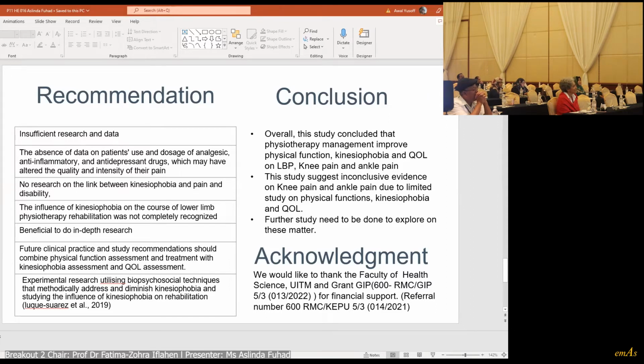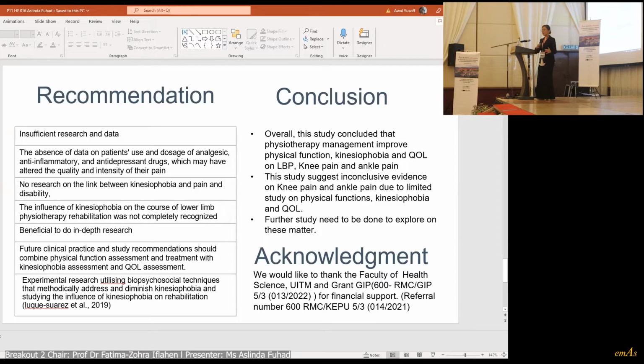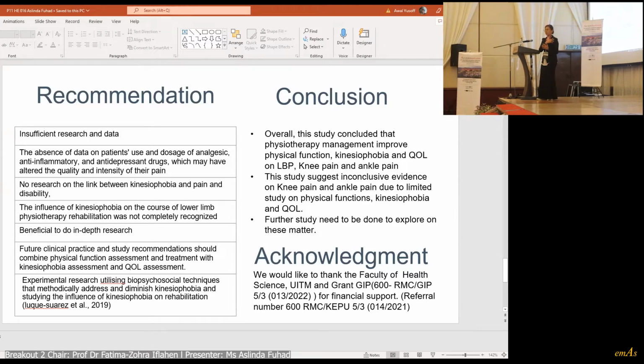Sometimes I feel lazy to do exercise, but I'm not scared to move. But when you have kinesiophobia, for example, I'm very active in doing exercises. I lift weights, I do a lot of things. But when I injured my shoulder, and I already recovered, I then wonder, should I do this movement because I'm scared I will be injured? That's kinesiophobia.